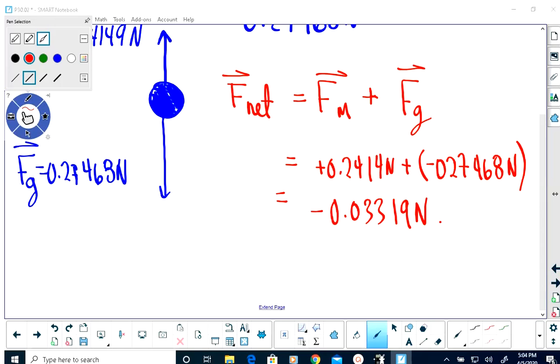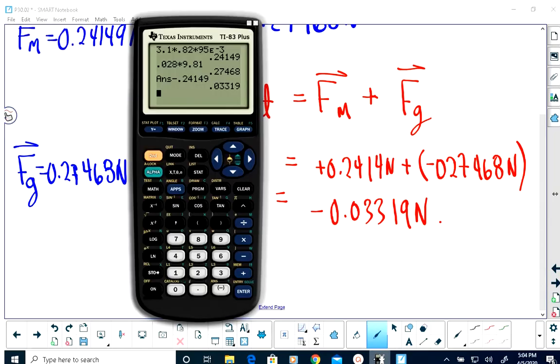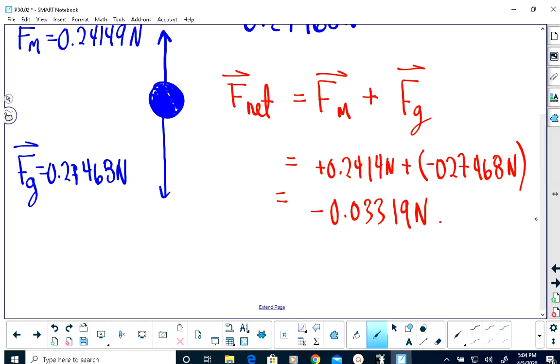If you did it using my intuitive approach, you took the larger force and subtracted the smaller force, which means you're getting the extra amount of force downward, which means the answer is 0.03319 newtons toward the bottom of the page.